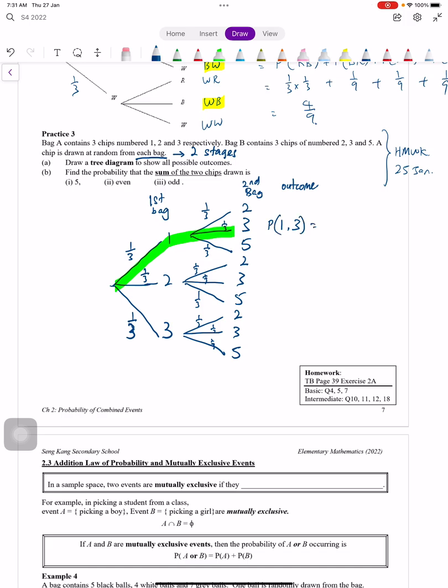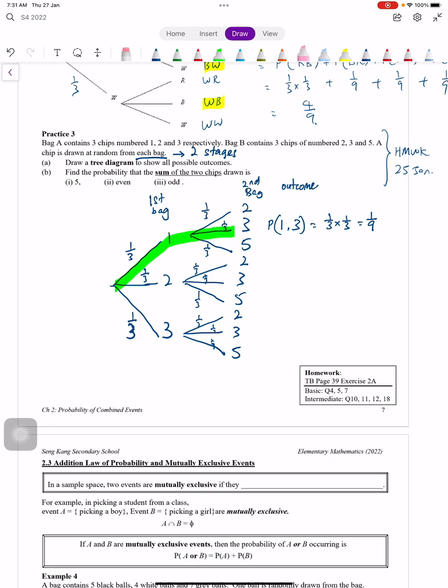Because it's an outcome, we will need to multiply them together. So we take one third multiplied by one third, and this is 1 over 9. Okay, so this is clear.